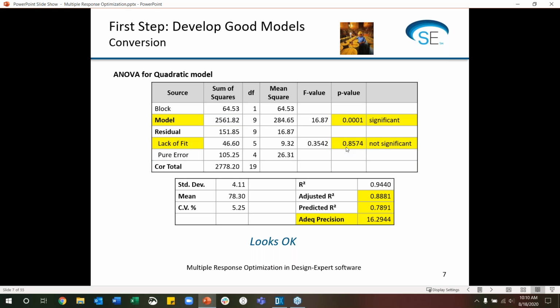And the lack of fit is 0.85, meaning it's not significant. So we have a check there, check there. The adjusted and predicted R-squareds are both high and within 0.2 of each other. Again, the adequate precision is greater than 4. So this checks all the boxes that we need to be able to use this in the numeric optimization.